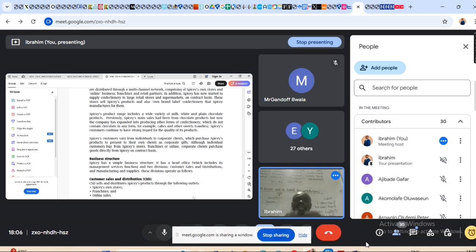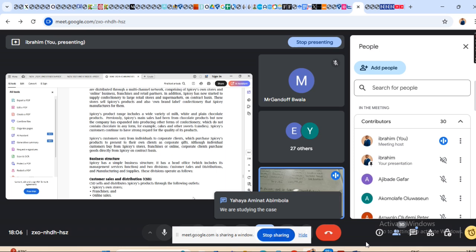Guess what? The format I'm using now as the head of internal control is the same format I've been using since Precinct class. I just need to modify it to suit that operation, to suit the business environment.